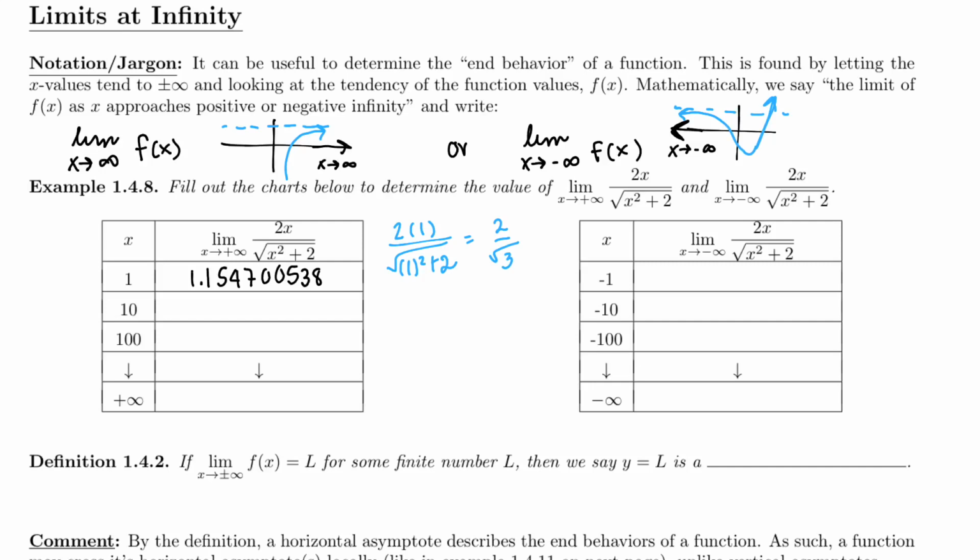Doing the same thing and plugging in 10 to this function: 2 times 10 over the square root of 10 squared plus 2. You should get 1.980295086.